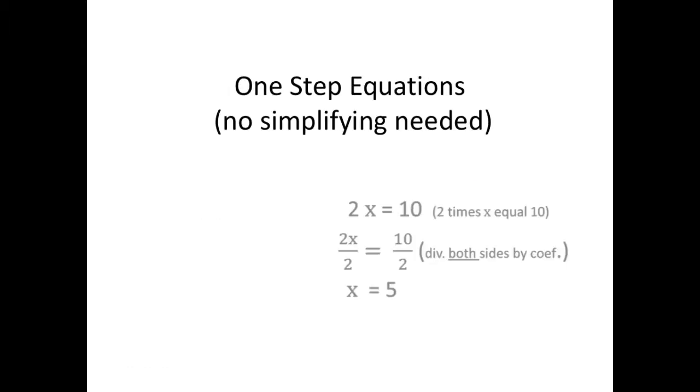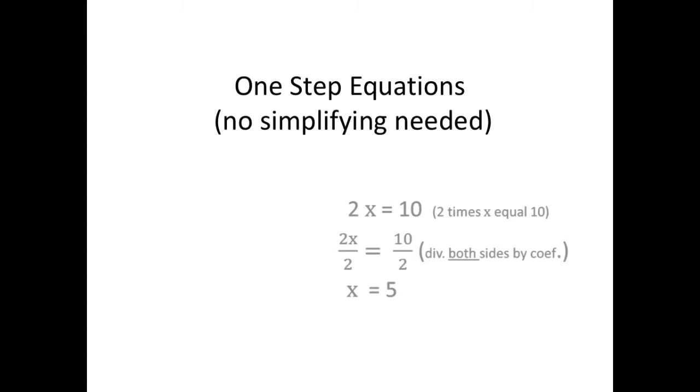Here is a pre-worked example. We will call this a one-step equation, mainly because there's no simplifying needed. We have 2x is equal to 10. We know that when there is a number directly beside a variable or a symbol, that means to multiply.